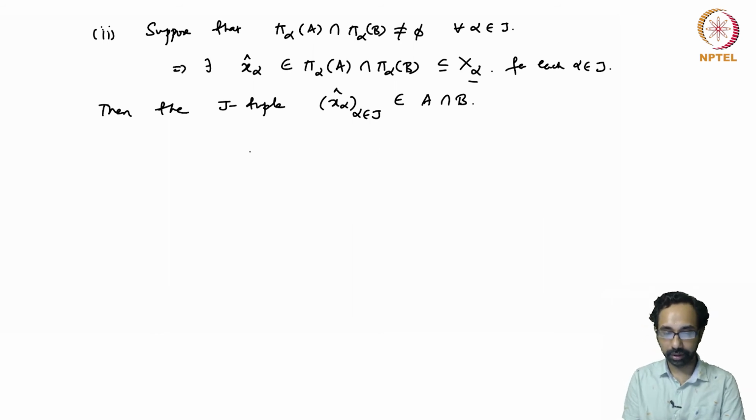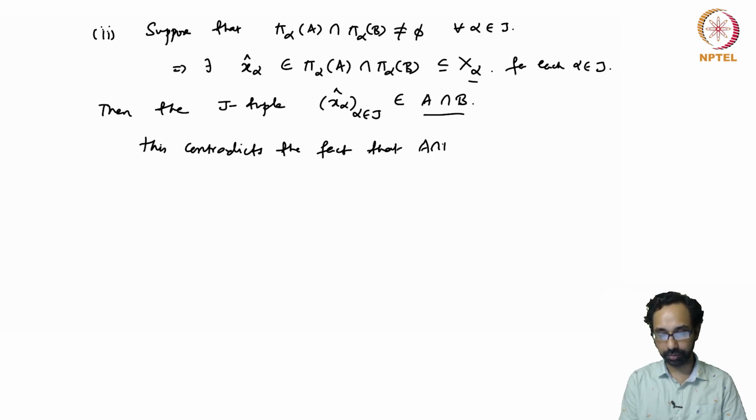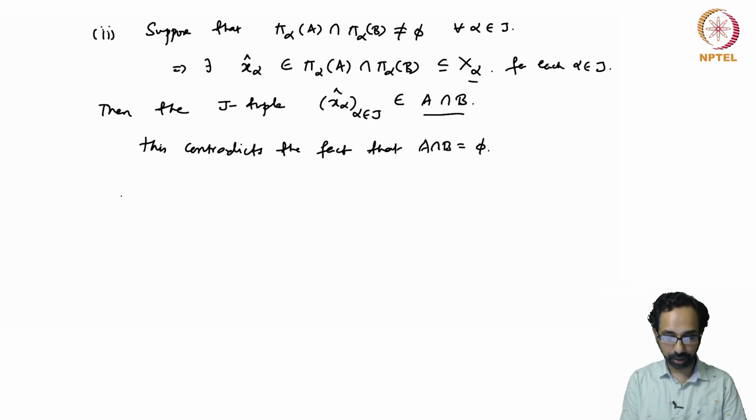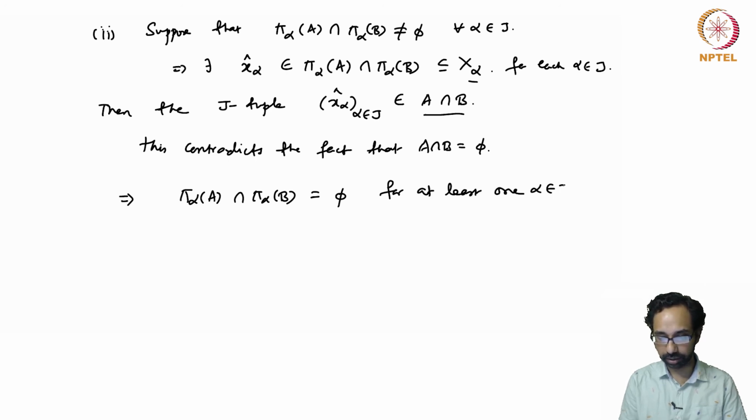But this contradicts the fact that A intersection B is empty, because A, B was a separation for X. And so this actually implies that pi alpha A intersection pi alpha B is empty for at least one alpha in J.